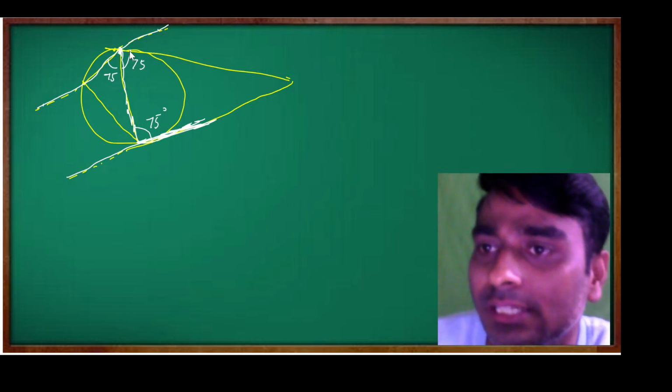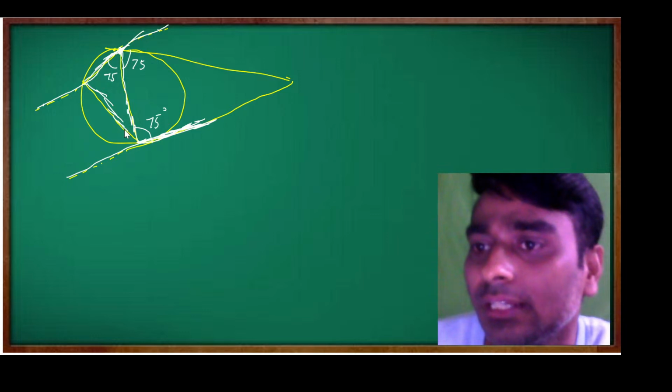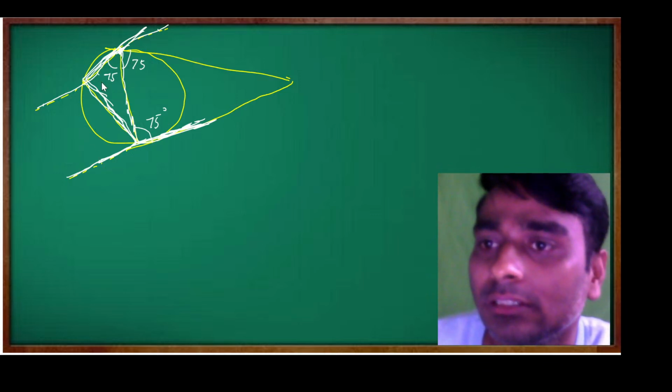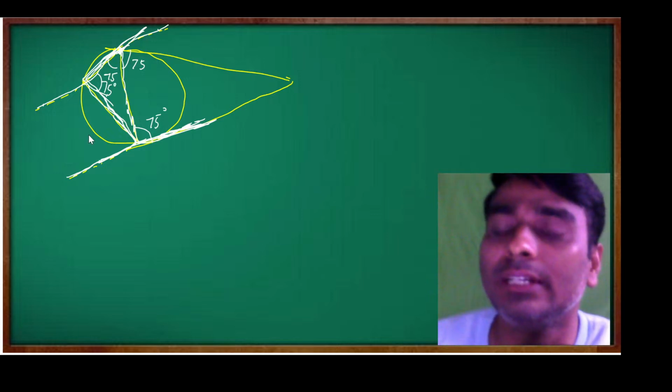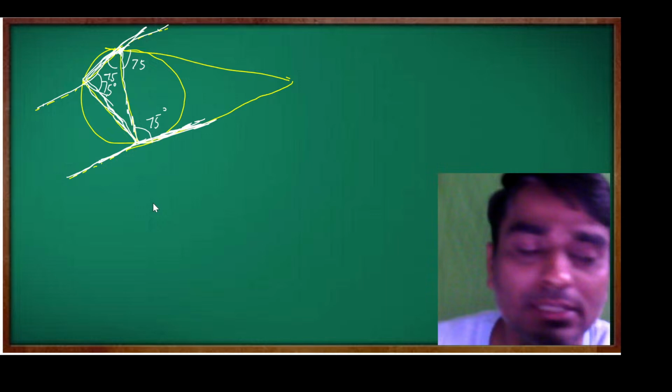Same way you can take this line now. Here it is 75. See this line and here, alternate. This will also be what? 75. These are alternate angles.